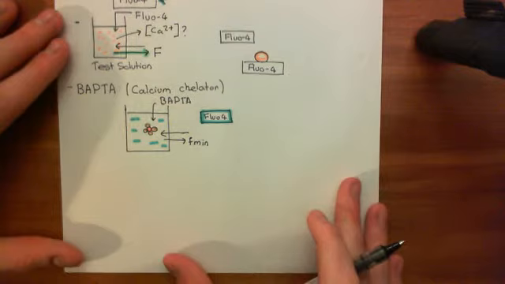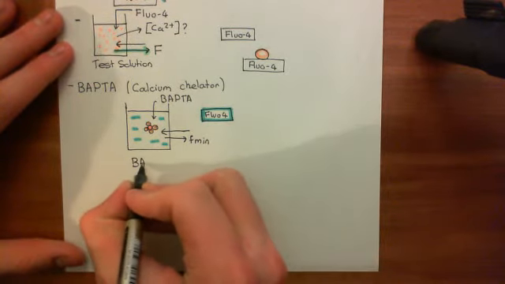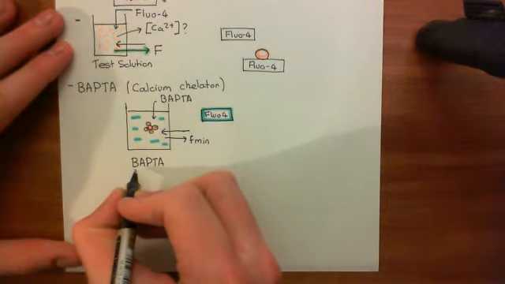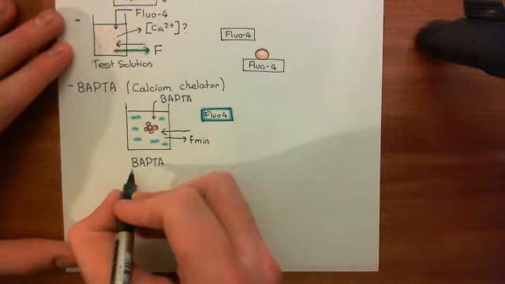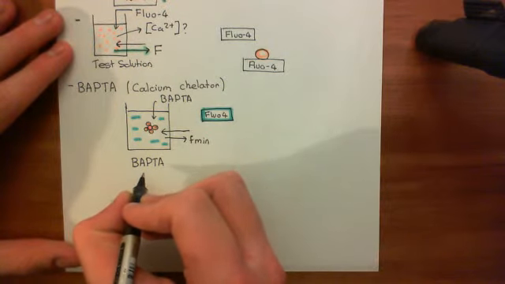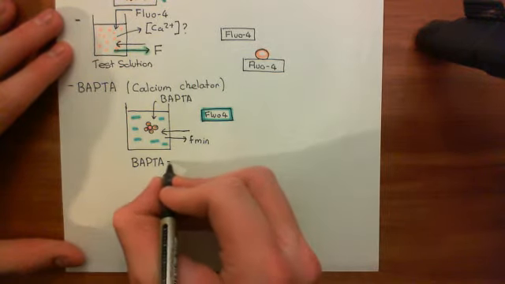Now before we go any further, I would just like to discuss with you the structure of BAPTA. BAPTA is short for 1,2-bis(O-aminophenoxy)ethane-N,N,N',N'-tetraacetic acid.